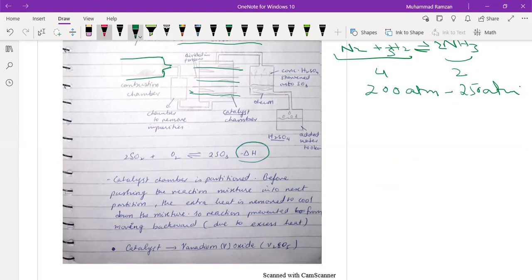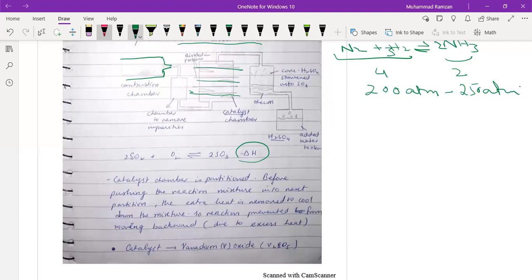Heat is produced. And that heat that is produced may raise the temperature above the stated range, that is 450 to 600 degrees centigrade. And what would be the impact of this?